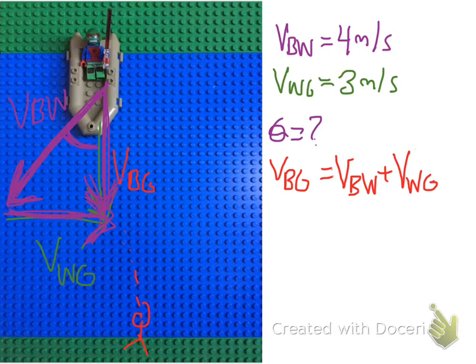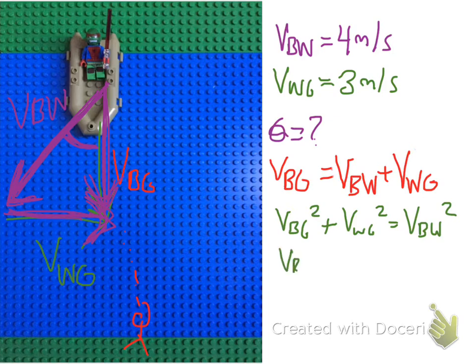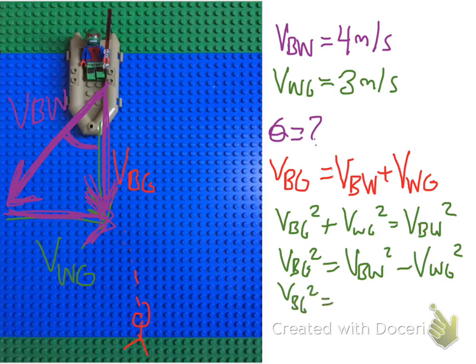So what I have here is I can say that velocity boat ground squared plus velocity water ground squared equals velocity boat water squared. Boat ground is what I don't know, so boat ground squared equals velocity boat water squared minus velocity water ground squared. So velocity boat ground squared equals boat water was my 4.